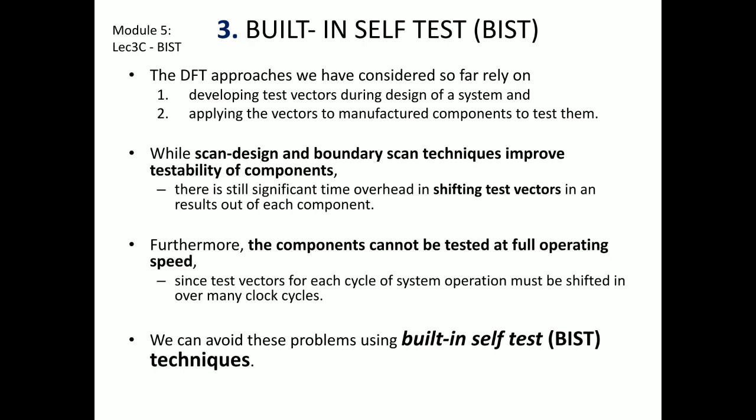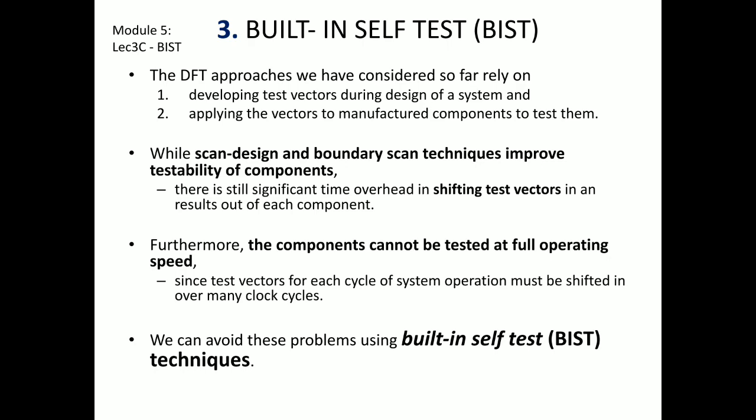While in scan design and boundary scan techniques we saw complete controllability and complete observability, there was an improvement in the testability of the components. But we also saw that we were somehow able to achieve the timing, but area was increasing.